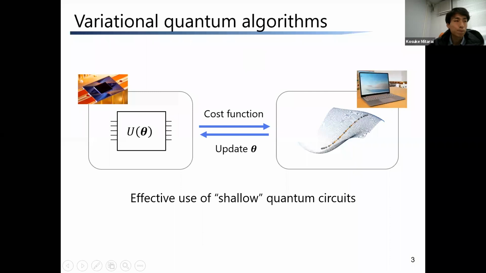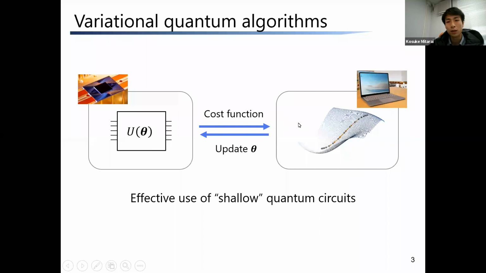The main concept around NISQ devices is the variational quantum algorithms, where we use a parameterized quantum circuit with parameters theta on the quantum computer, and we calculate some kind of cost function on the quantum computer.